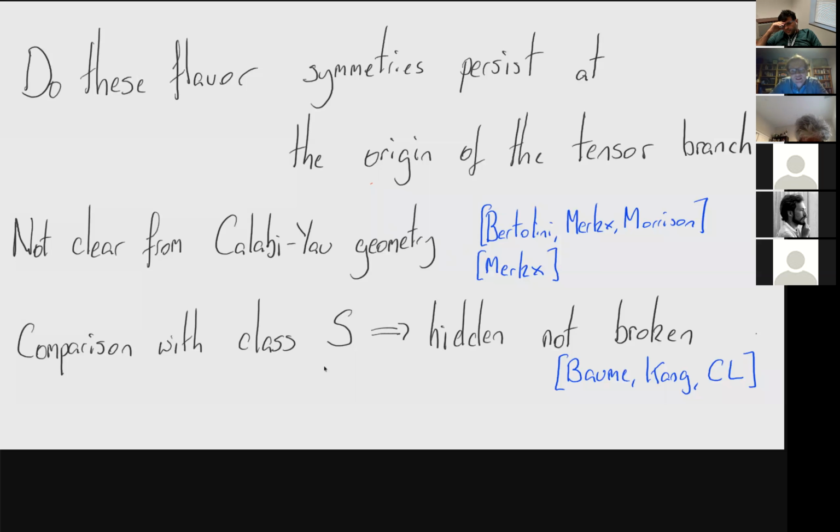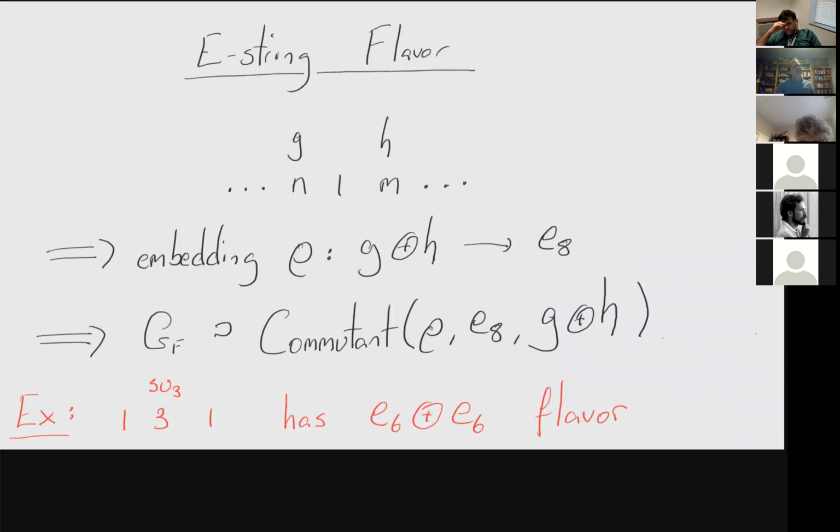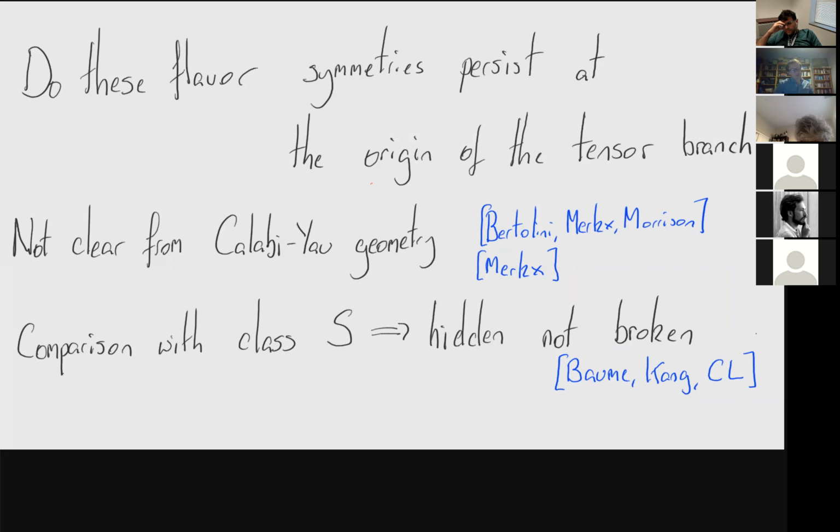So one thing that we find is that if you were to compactify these theories and compare them with class S, then you would find flavor symmetries, which are exactly the flavor symmetries that I just described. So this gives some evidence that even though these flavor symmetries are not appearing so obviously in the geometry, they're probably hidden rather than broken.